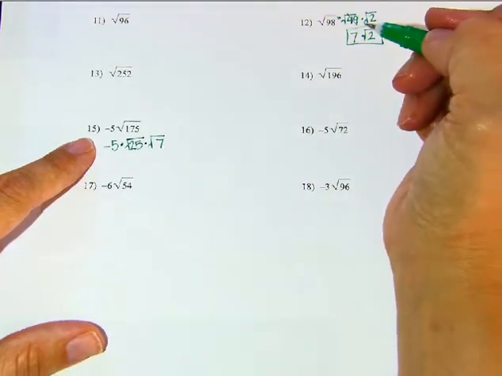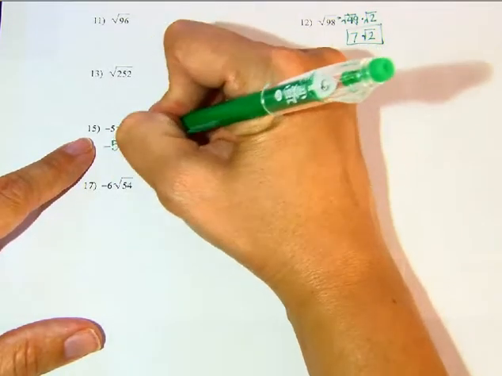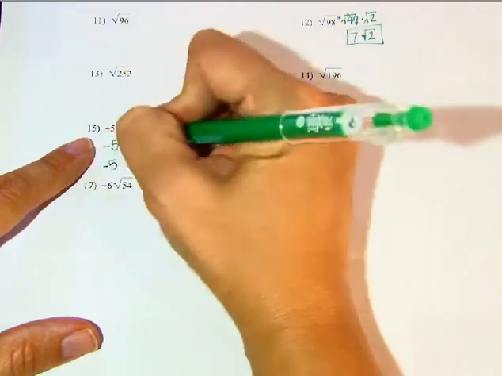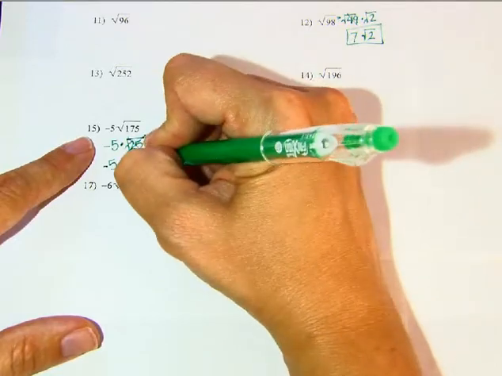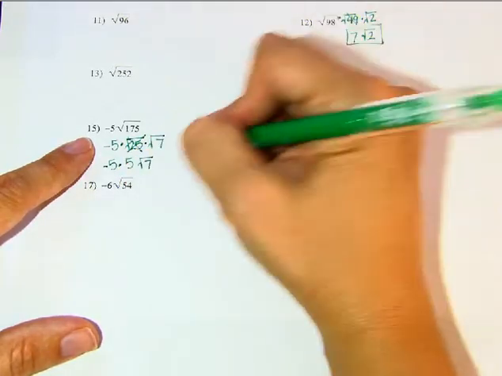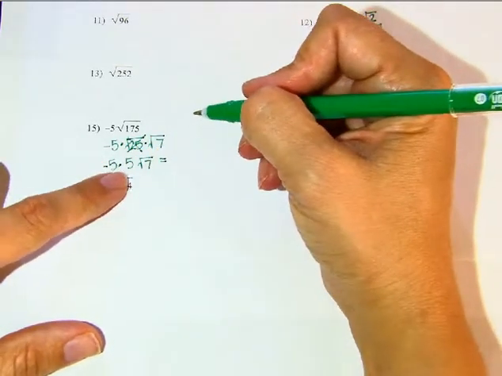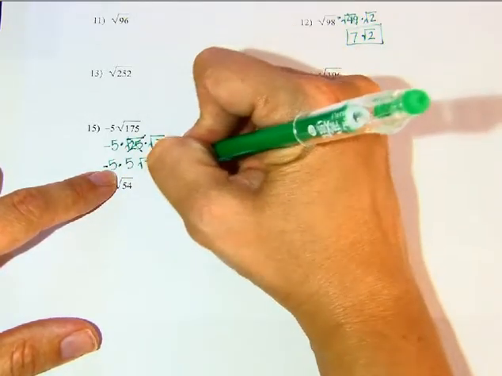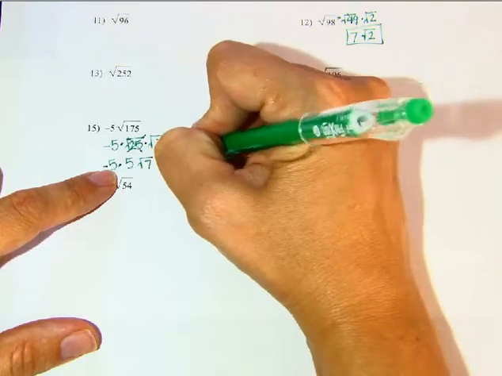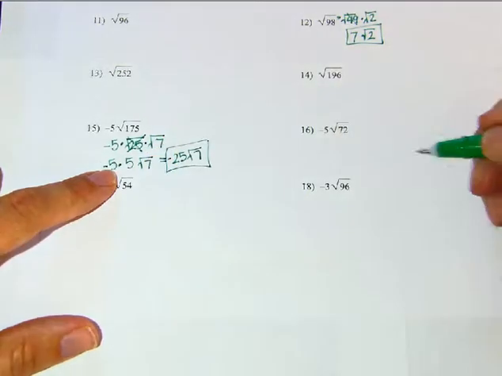Okay? I can take the square root of the 25. So I still have this negative 5 times. Square root of 25 was 5. And then I still have a square root of 7. Negative 5. Now these two whole numbers can be multiplied together. So I have negative 5 times 5 is negative 25. And I still have square root of 7. And that's as simplified as it gets.